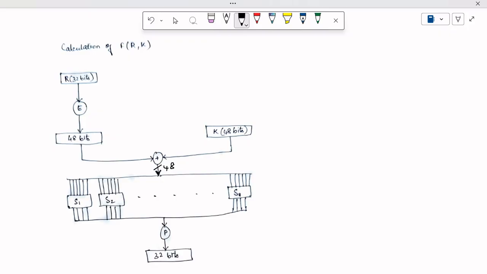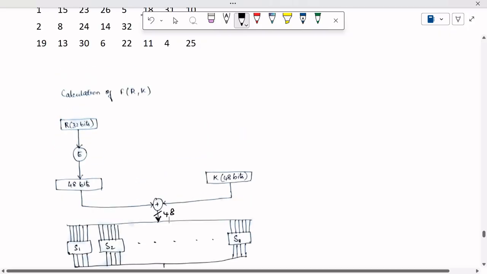So totally how many S boxes are required? 48 divided by 6 is 8. So I will have 8 S boxes and the output of each S box is going to generate a 4-bit value. So 8 into 4 will be 32 bits.